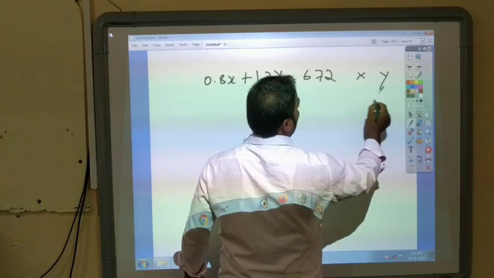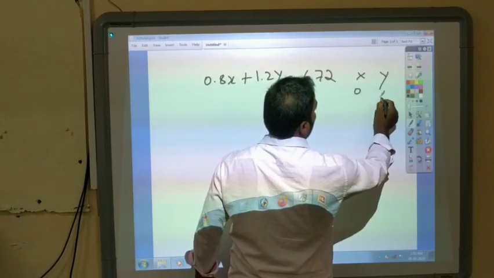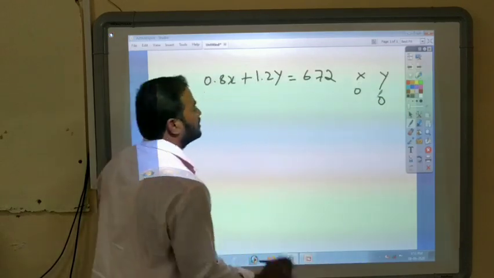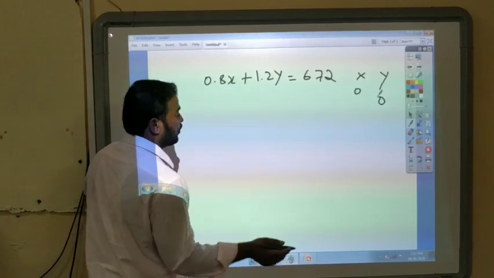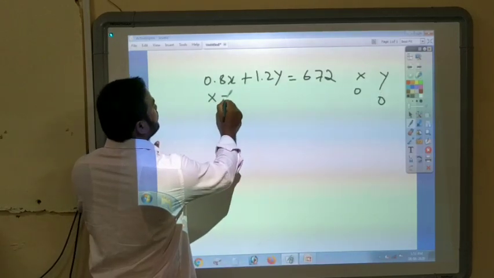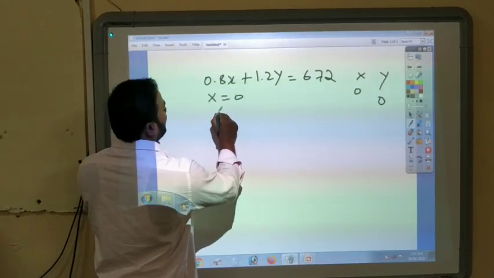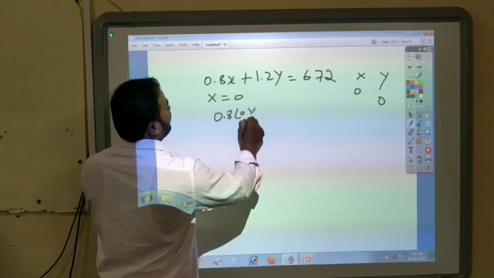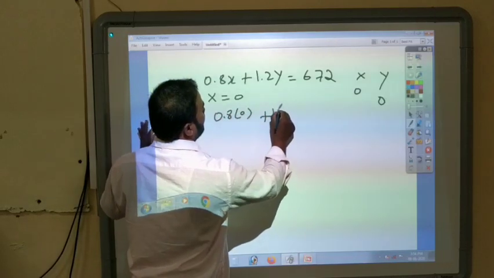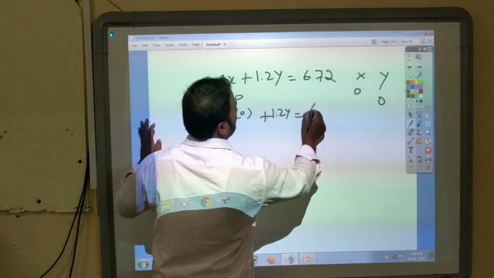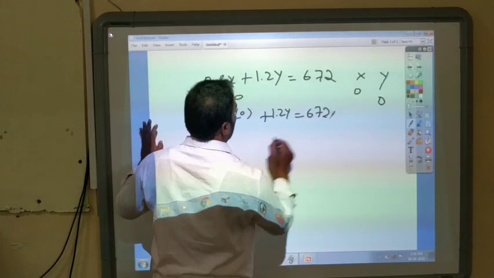First we are going with the value x is equal to 0. Here 0.8 into 0 plus 1.2y is equal to 672.